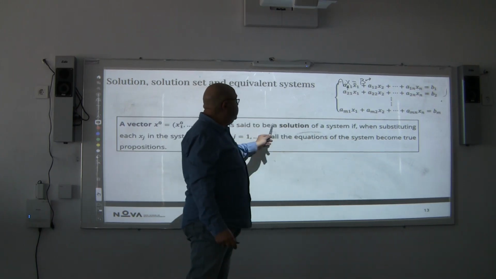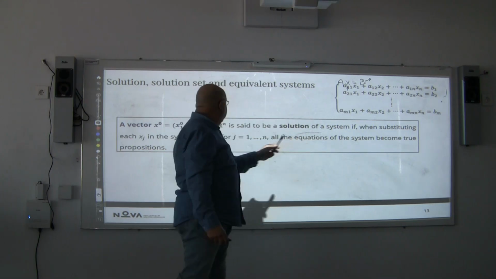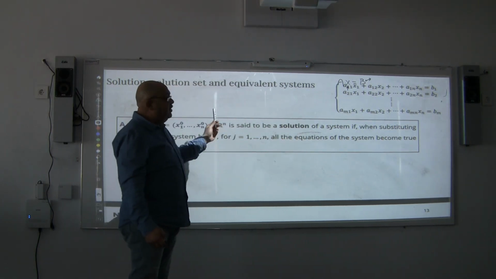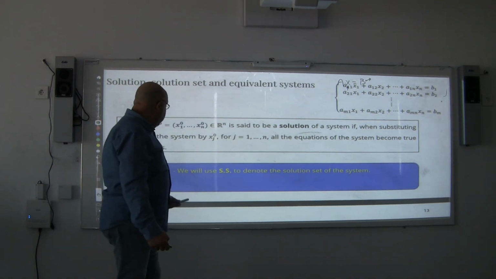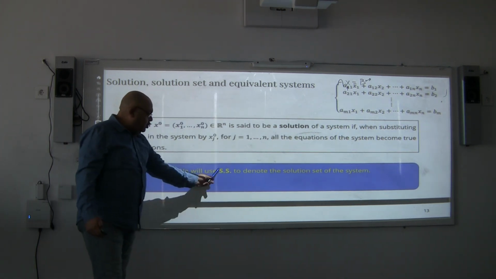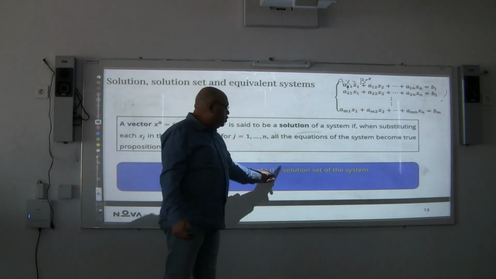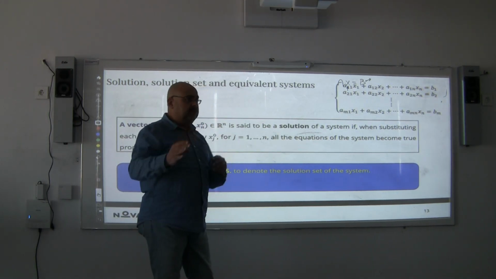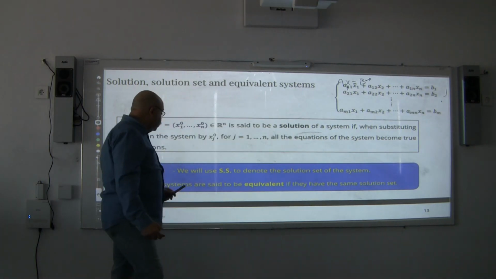It is said to be a solution of the system when substituting by x_j in the system, you have the two sides equal to each other. So we will use S.S to denote the solution set of a system. So if you see S.S, it means the solution set. It's an abbreviation for this.